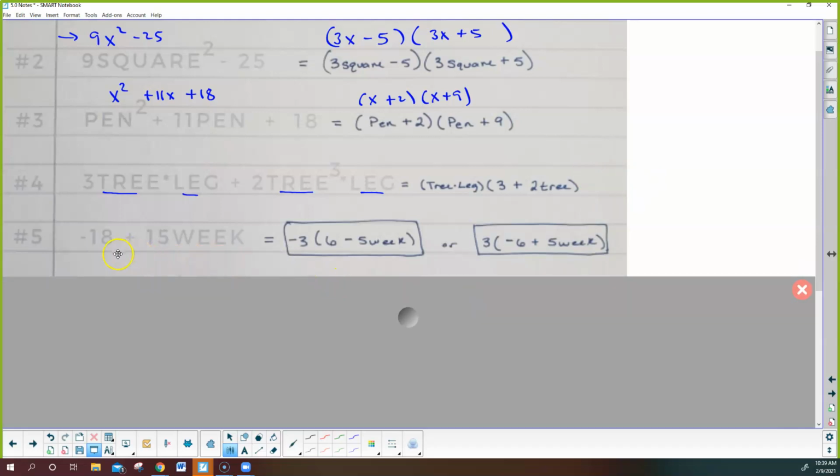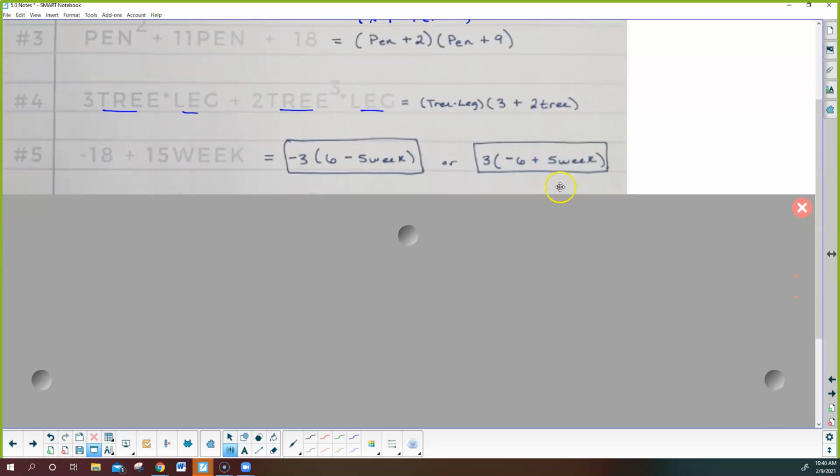And then here, the only thing we can take away is a number, right? Negative 3. Now, I like to pull out the negative here. So this first answer is kind of what I would prefer because I like things not to have a negative at the start. However, you could have just factored out a 3 and got the same answer. The only difference is the sign change of what's in the parentheses.